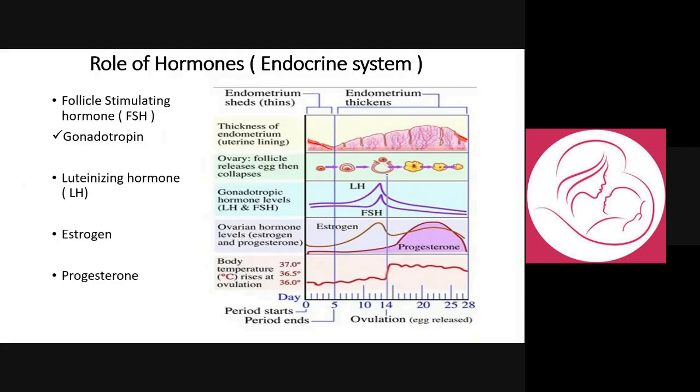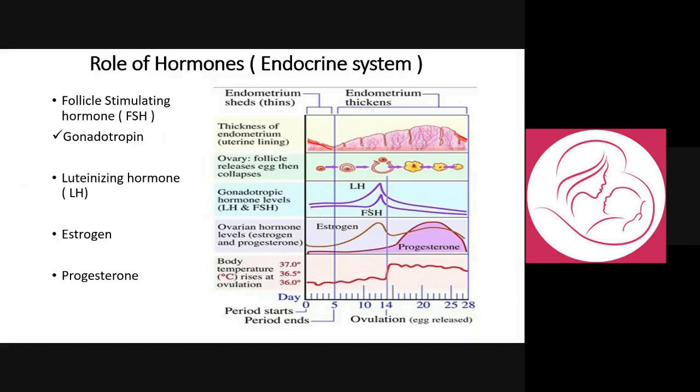Once the egg is released, this hormone gradually comes down and settles to its minimal value. Then in your next cycle, the same scenario repeats. At the same time, your FSH hormone, which also contributes to the production of the egg, sees a similar pattern.